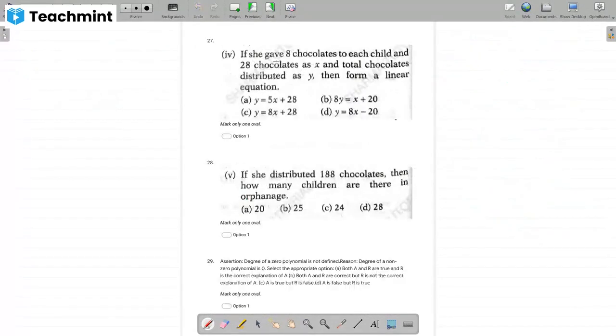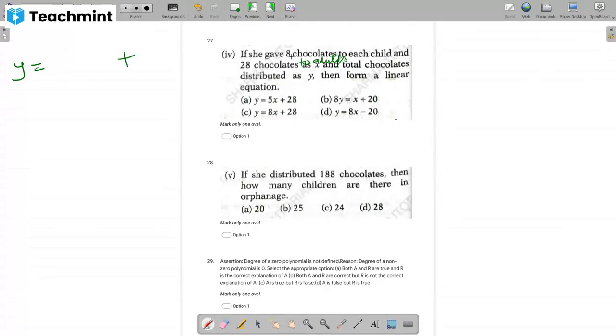Then the next question is: if she gave 8 chocolates to each child and 20 chocolates to adults, with total chocolates distributed as y, then form a linear equation. Here also the total chocolates distributed is y, and this means the chocolates given to the children plus those given to adults.